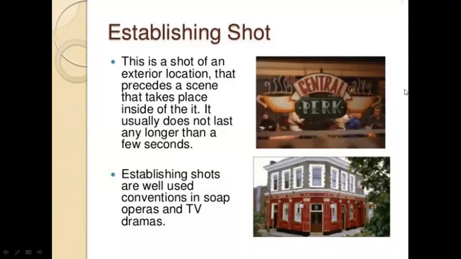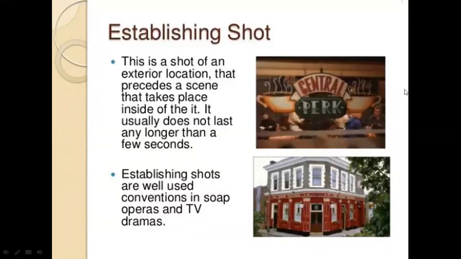They are usually only a few seconds long. This kind of shot is an exterior location that takes place before the interior. It usually doesn't last any longer than a few seconds.